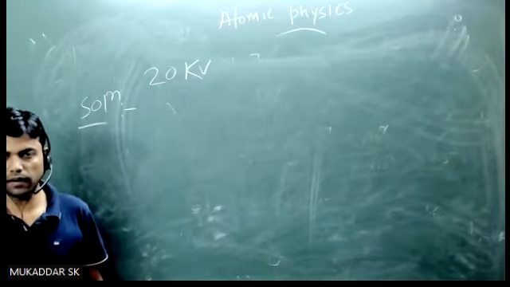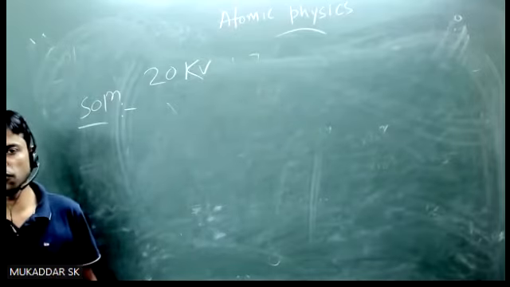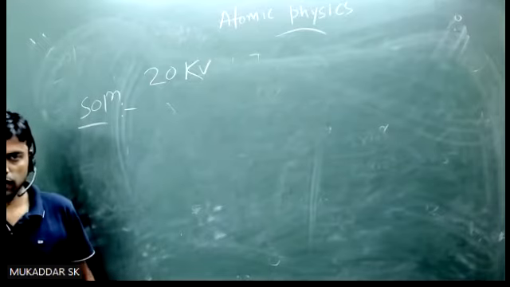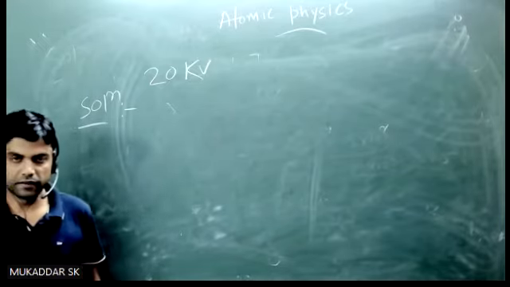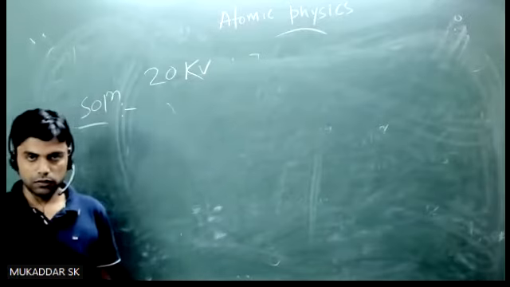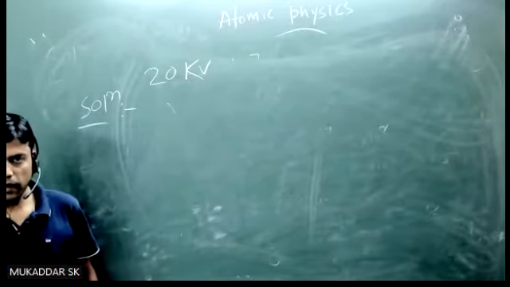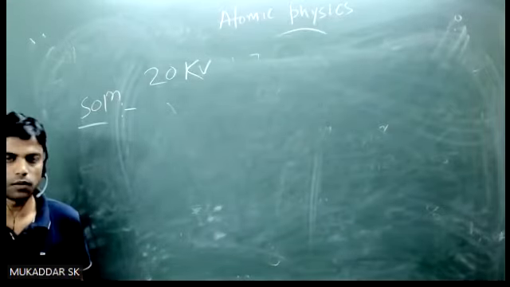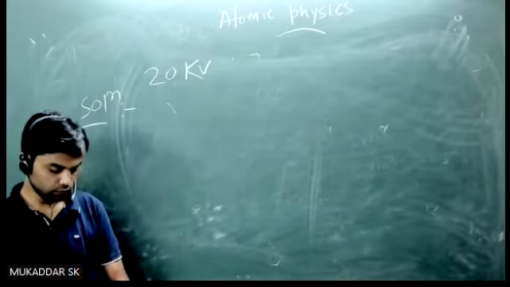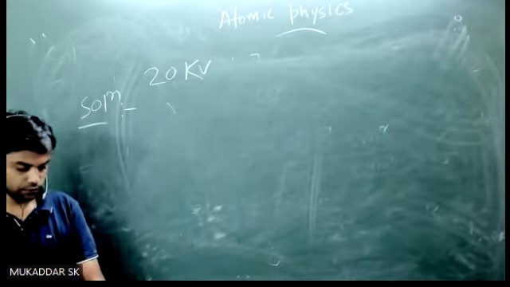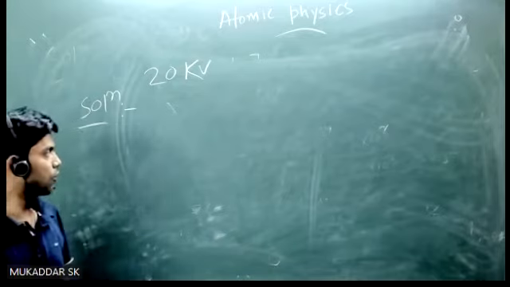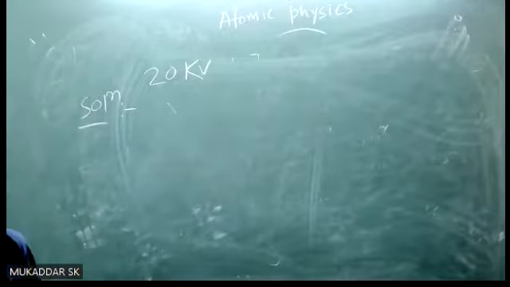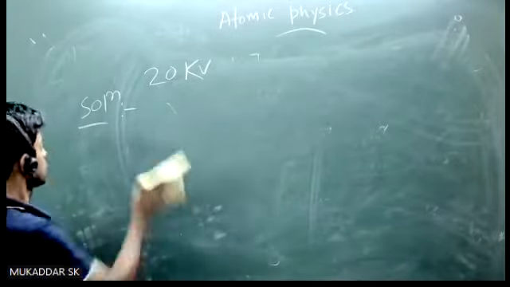Calculate the magnetic moment produced by electron due to its orbital motion at the nth orbit of hydrogen atom, where n is the principal quantum number. Can you do it? Yes. How will we do it?